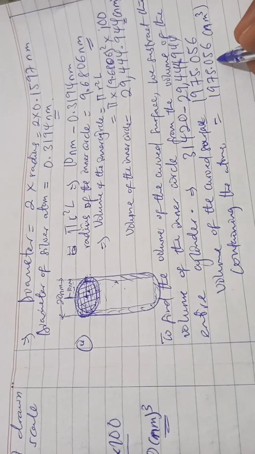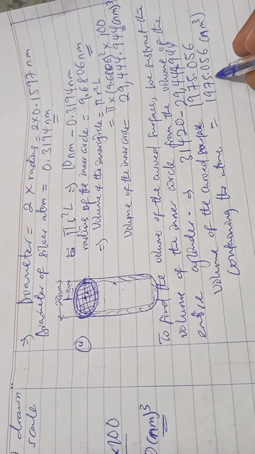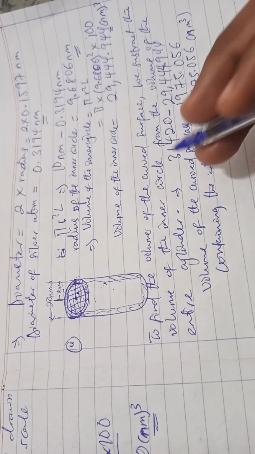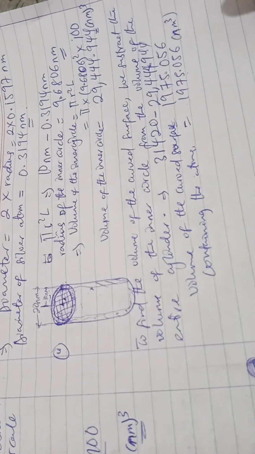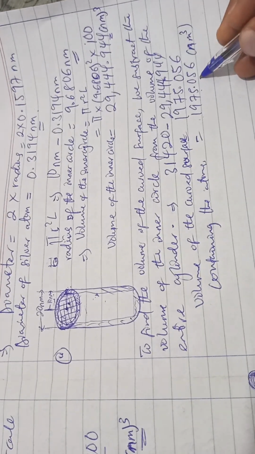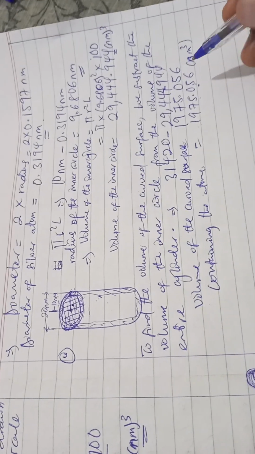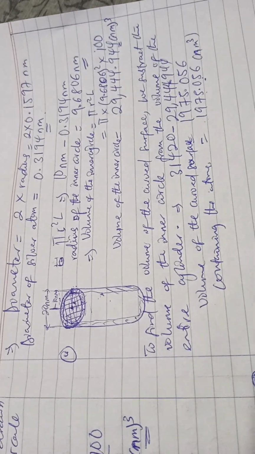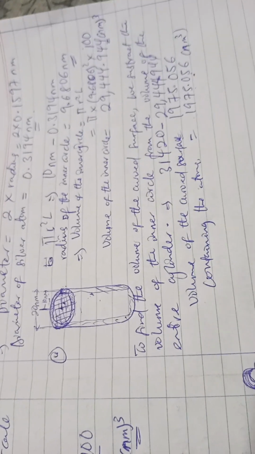So we know the volume of the curved surface, and we know the volume of one atom that is in that curved surface. So we can simply find the number of atoms in that curved surface. Let me come again. We know the volume of the curved surface, and the volume of one atom in it.